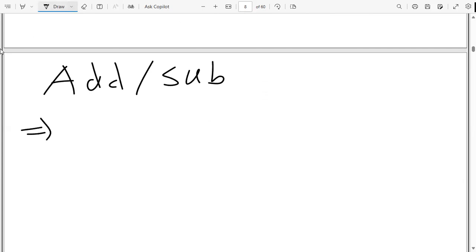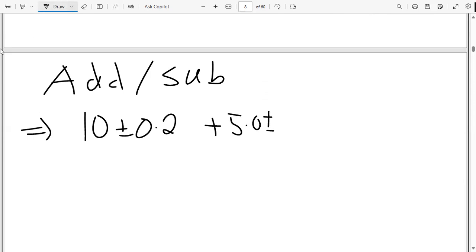They've told you to add two different numbers, which are 10.0 plus or minus 0.2, and 5.0 plus or minus 0.1. How do you add these numbers?